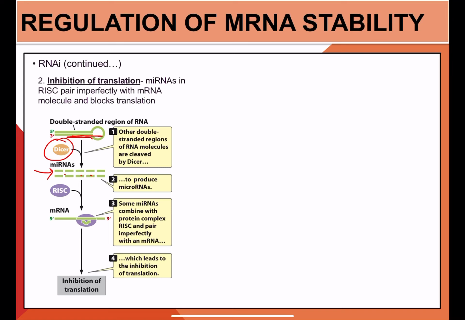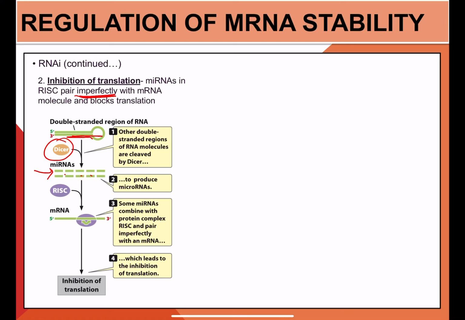And once microRNA forms a RISC complex, the RNA component actually pairs with the mRNA sequence imperfectly. Imperfect is the key word there when we think about the difference between siRNA and microRNA.